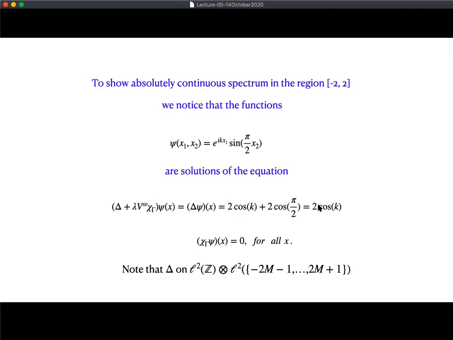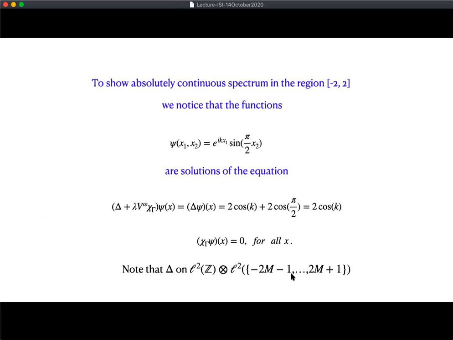And therefore, the whole thing is 2 cosine k acting on this function psi. So the operator acting on psi is 2 cosine k times psi. And therefore, since k is varying and is any real number, you see that these are just eigenfunctions. And they are not L2 because this function is not in L2 or L1 or anything in Z cross the finite set.